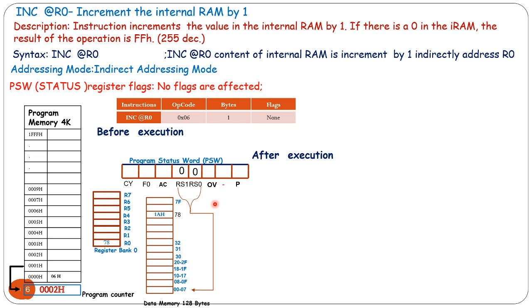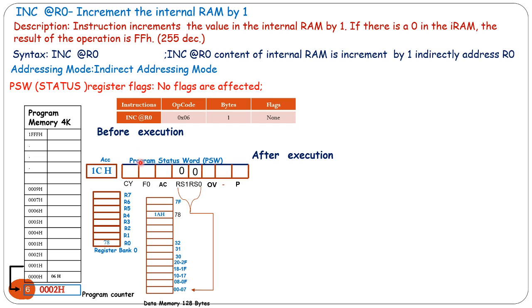Suppose that PSW's RS0 and RS1 both are 00, then bank 0 gets selected, and once this bank is selected, R0 has 78H. So this R0 gives the address of random access memory, and that content of random access memory is suppose 1AH, and now this is incremented by 1.